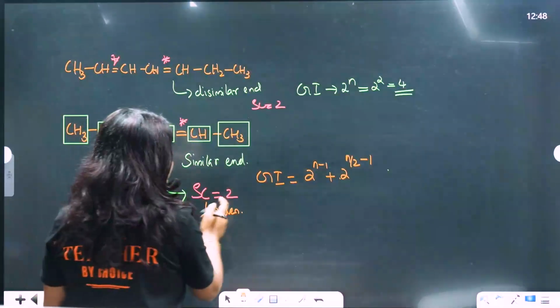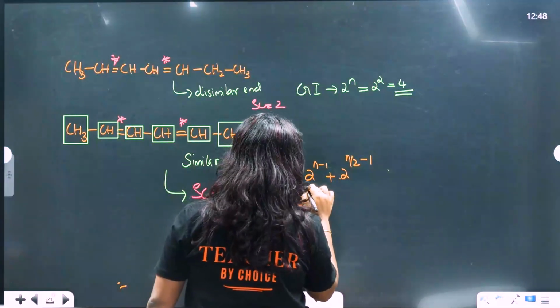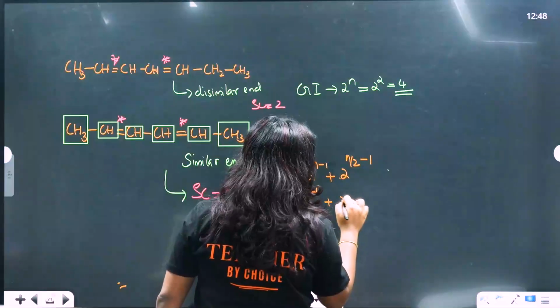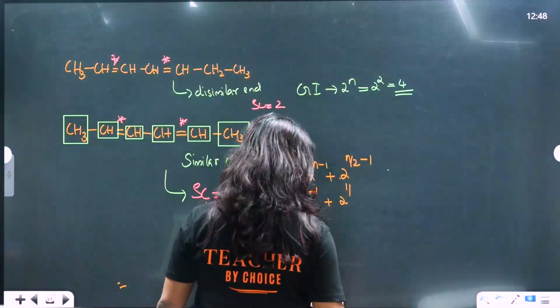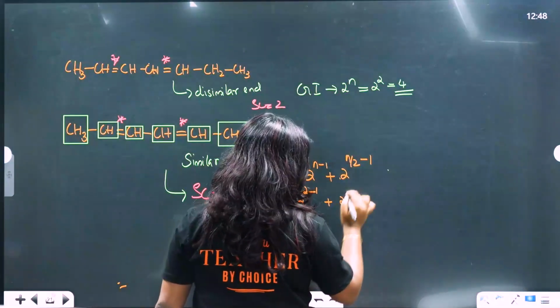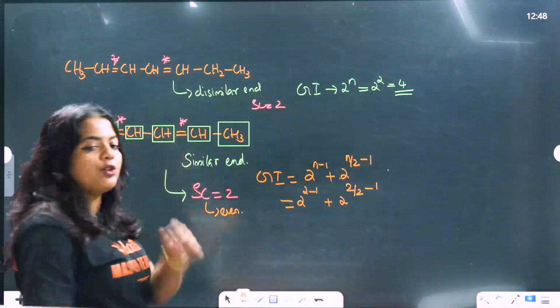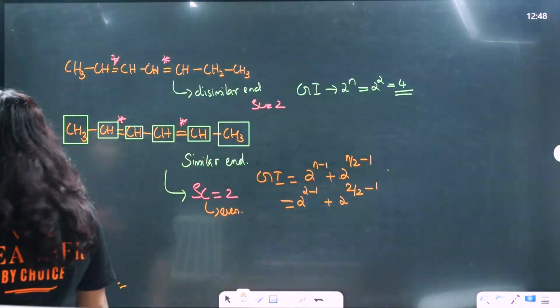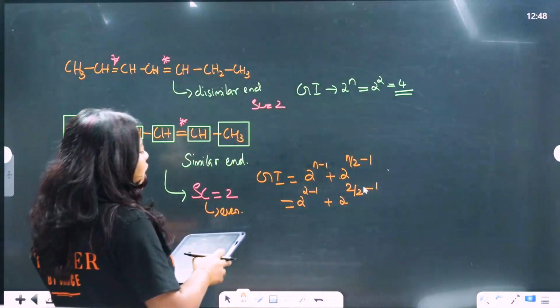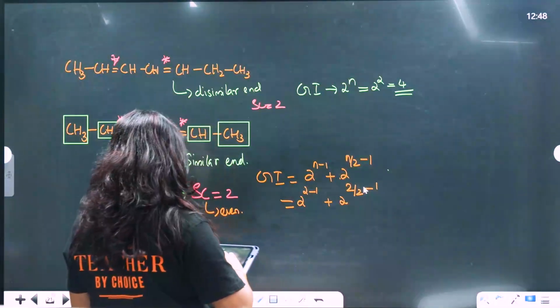So now 2 raised to n minus 1 means 2 raised to 2 minus 1, plus 2 raised to 2 by 2 minus 1. So this will be the geometrical isomerism of this particular compound.